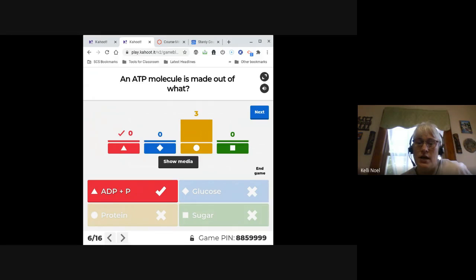It's actually a nucleotide, but what they were looking for was ADP plus a phosphate group, because it has to have three phosphates to actually make it. We had also talked about it being made of a sugar, three phosphate groups, and I think a nitrogen base, the three things that we had mentioned before.